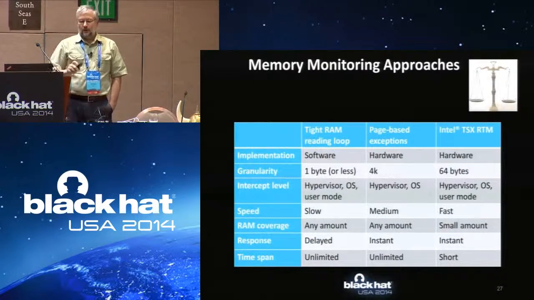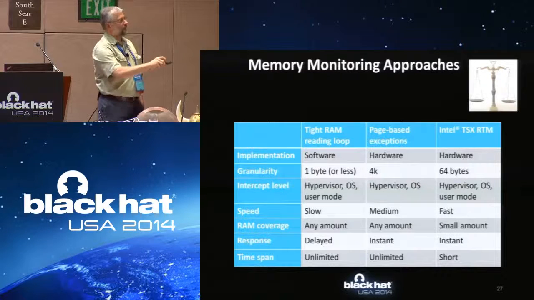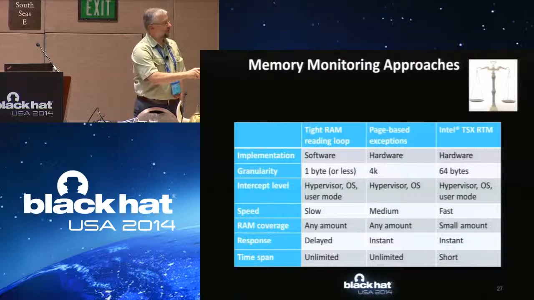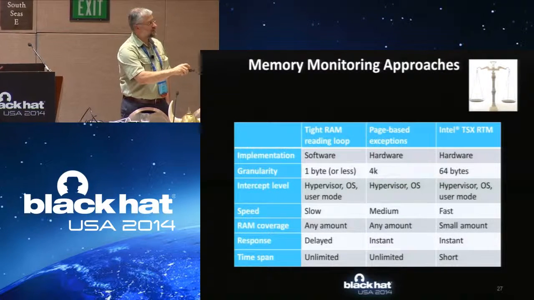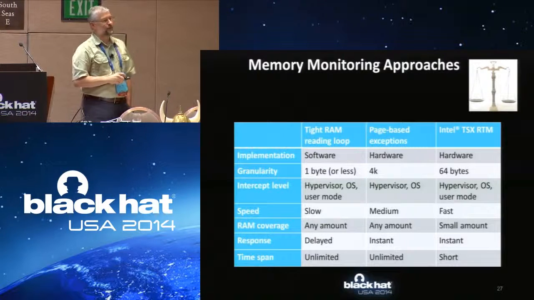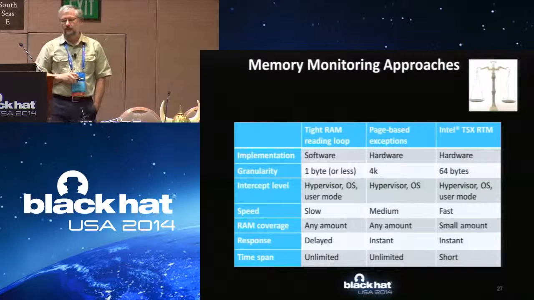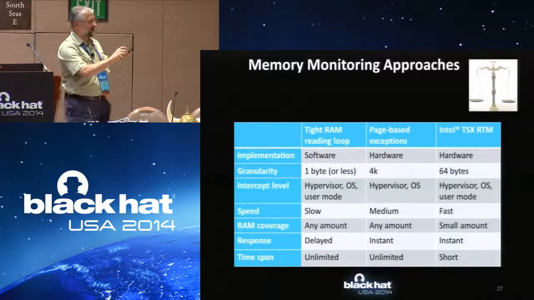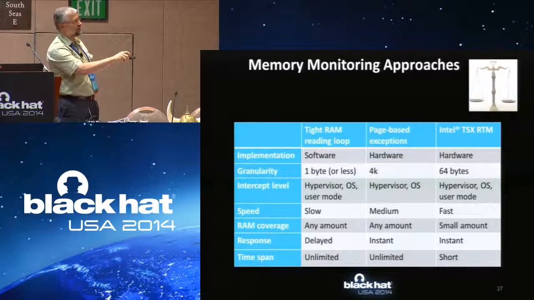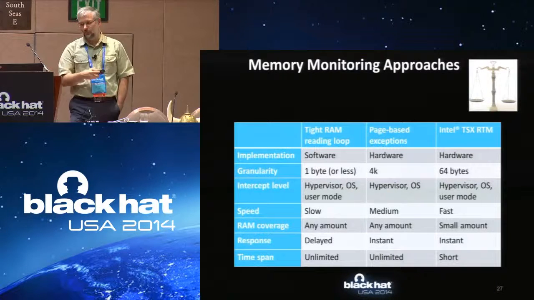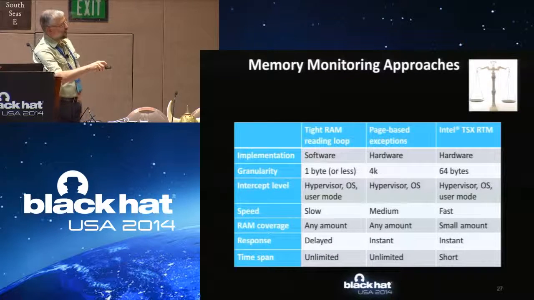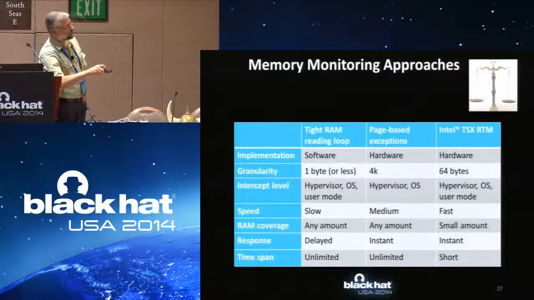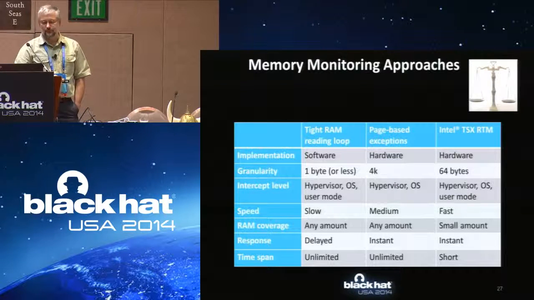So if we write a table comparing tight memory reading loop, page-based protection, and transactional memory type of support, and evaluate these memory monitoring technologies on several different levels, we can see that the tight memory loop runs in software, while page tables and TSX actually have hardware support.